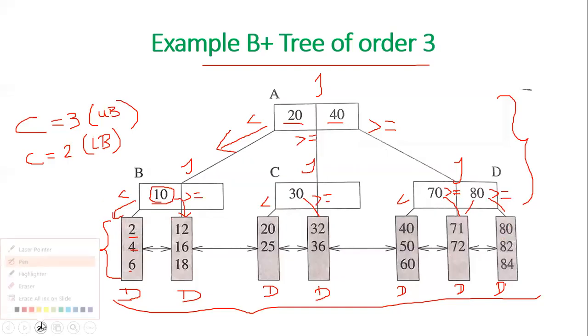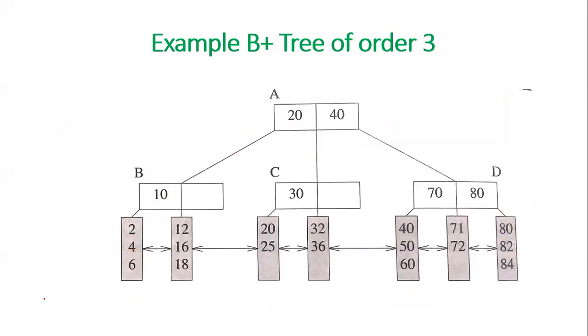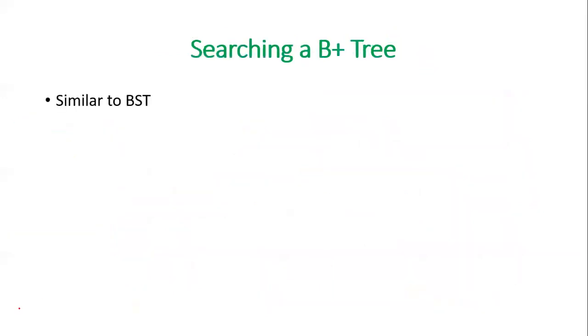Now let us see how to search some element in a B plus tree. Searching is similar to a BST, binary search tree, with the only difference that the left subtree contains the elements which are less than the key, but the right subtree contains the elements which are greater than or equal to the key.